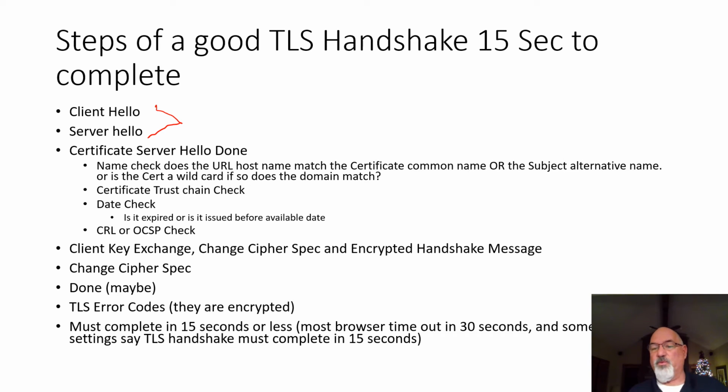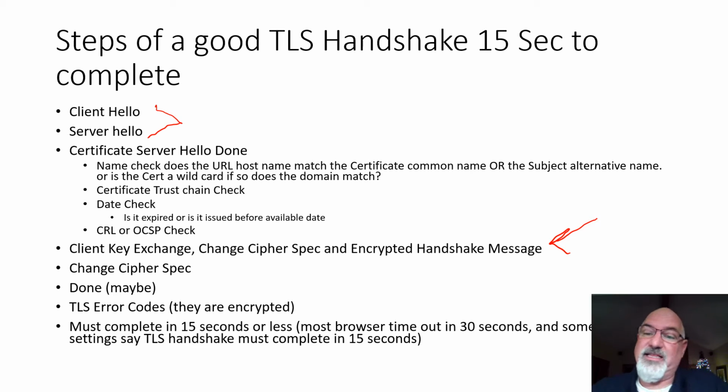So we pass our symmetric keys between each other using the public-private key pair, and then we go to a symmetric key. So this is important. This is where we have cipher suite failures in a lot of cases. So you need to know that. It finishes changing the cipher suite, and then maybe it's done. We hope it's done. And we connect up and start passing that data back and forth.